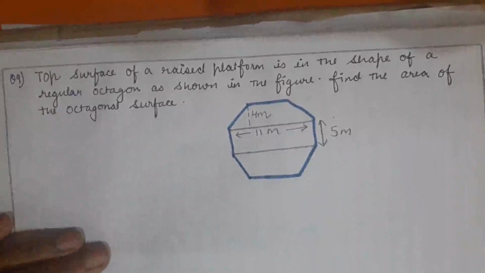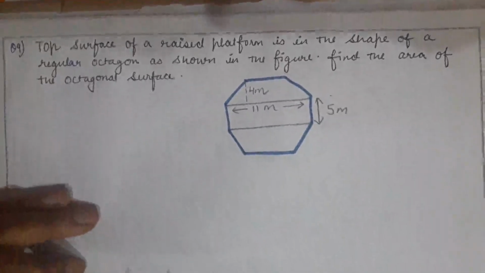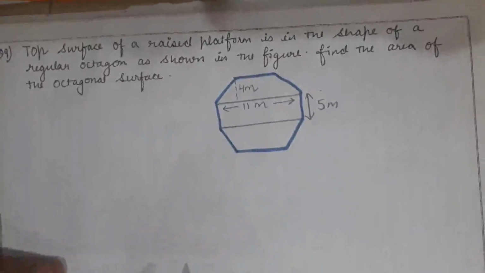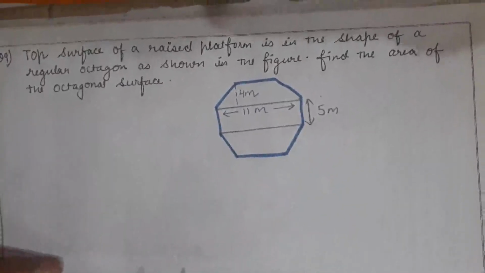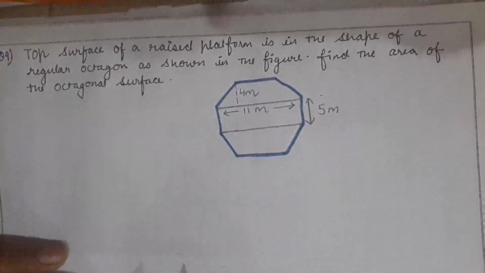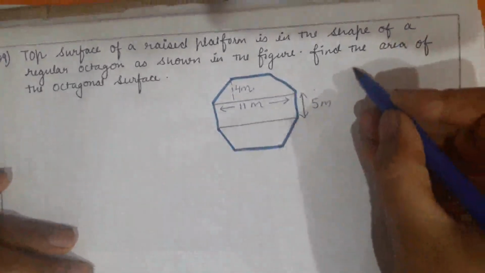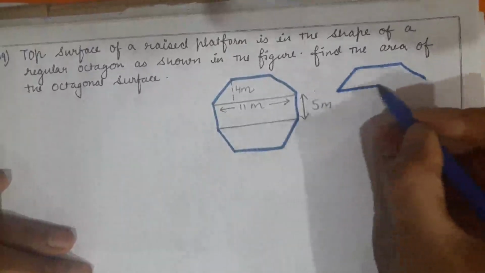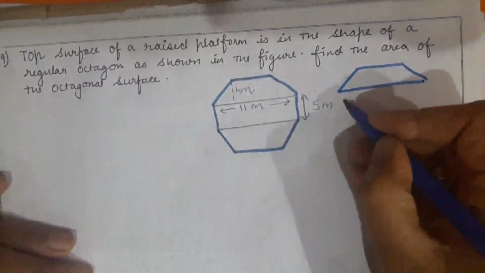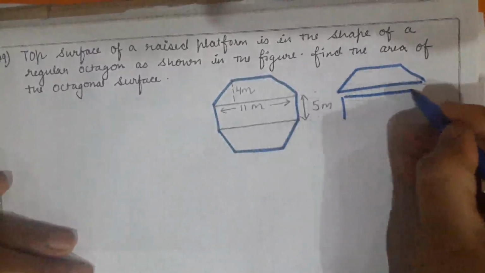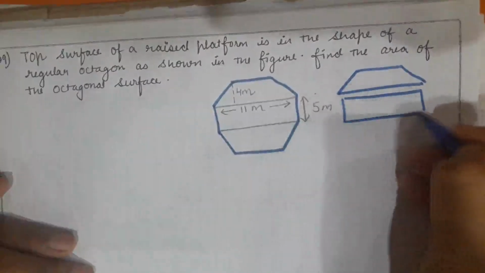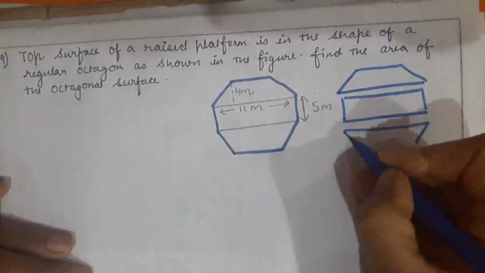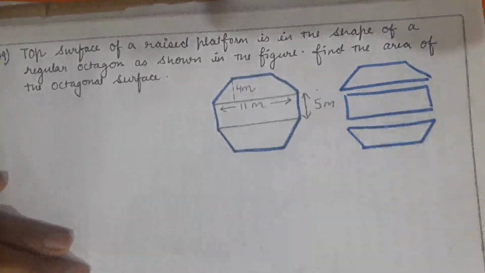We don't have any specific formula for finding the area of an octagonal surface. So we are going to divide this octagonal shape into 3 parts. First part, I'm drawing separately. This is a trapezium. The middle part will be a rectangle, and the bottom part will be another trapezium.